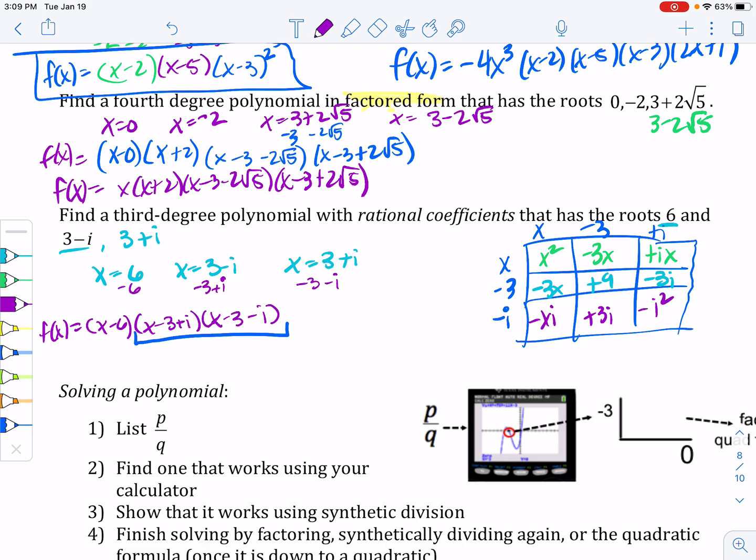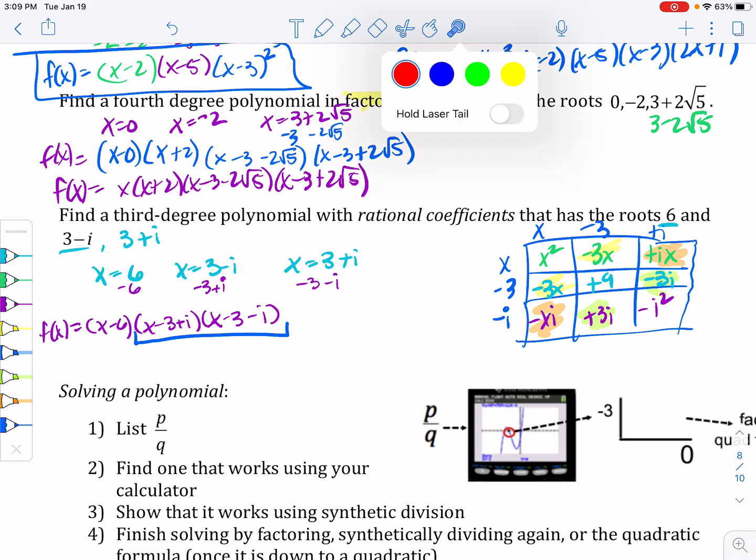Okay. So now I'm going to look for like terms. So notice these two are like terms. We also have these ones are like terms. And we have these ones are like terms. So here, this goes to negative 6. Okay, so let's start with the x squared, then the minus 6x.